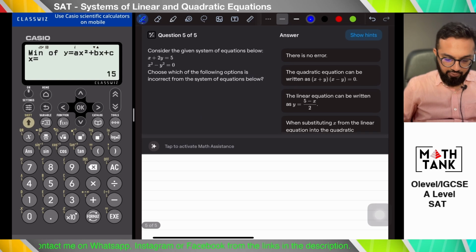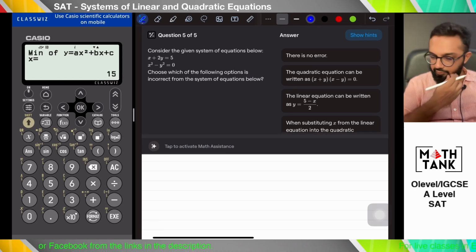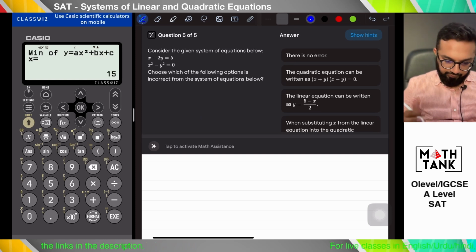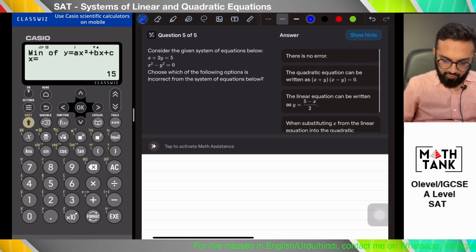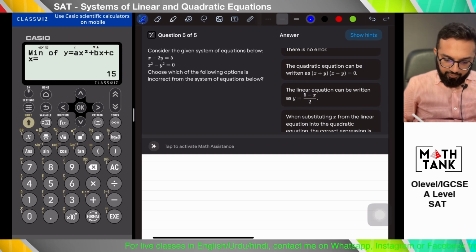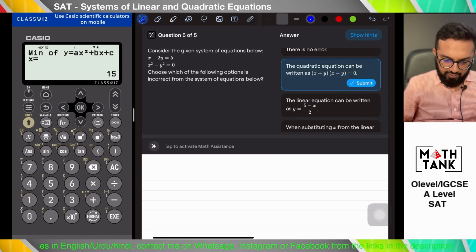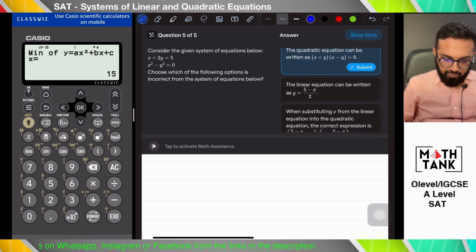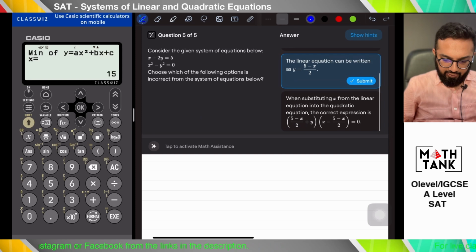Consider the system of equations below. Choose the one that is incorrect from the system of equations below. The quadratic equation can be written as this. This one is fine. The linear equation can be written as this. That's also fine.